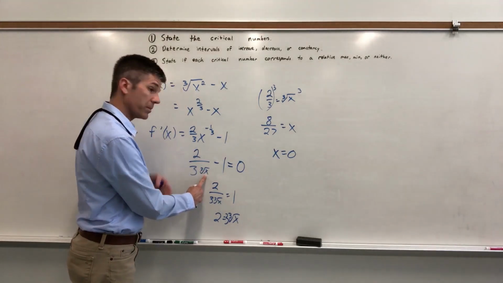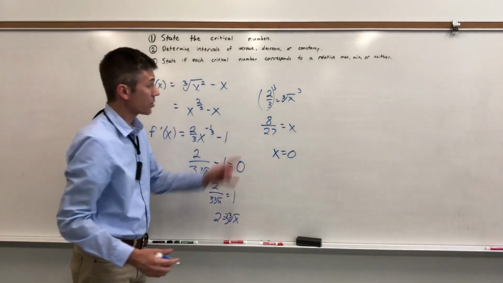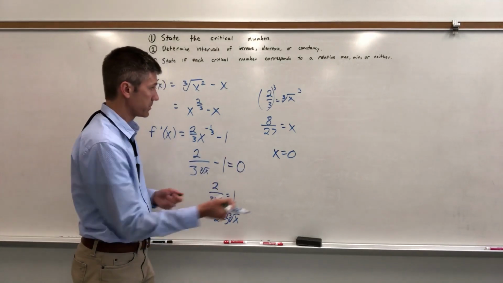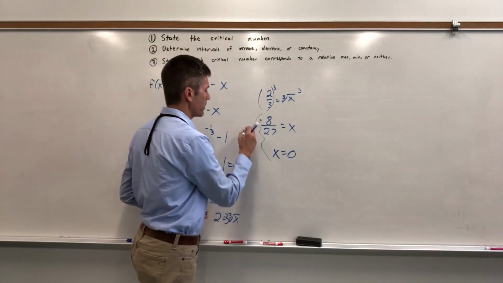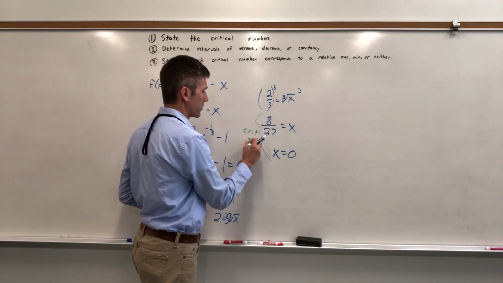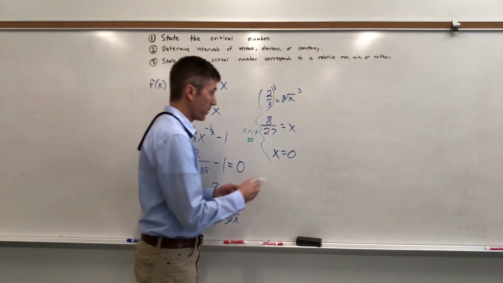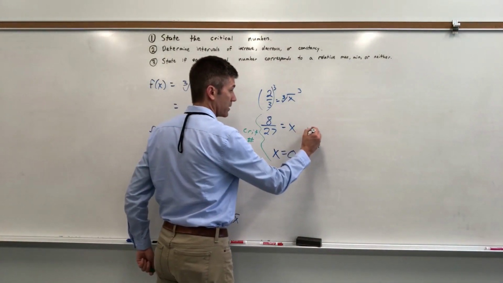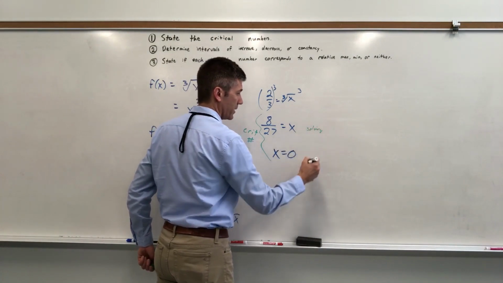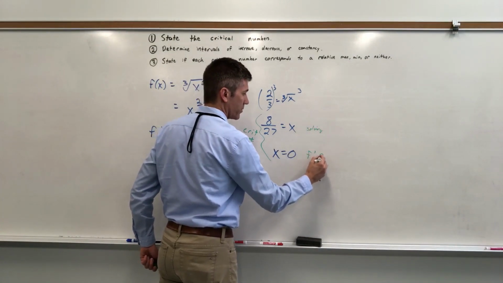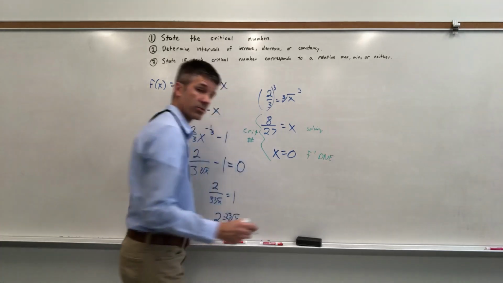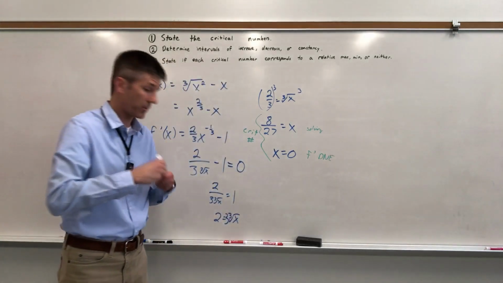If x was 0, we'd be dividing by 0. There we go. So both of these are critical numbers. And this critical number came from solving, and this is where the derivative does not exist. Okay? Those are two separate ideas. They came from two separate places.